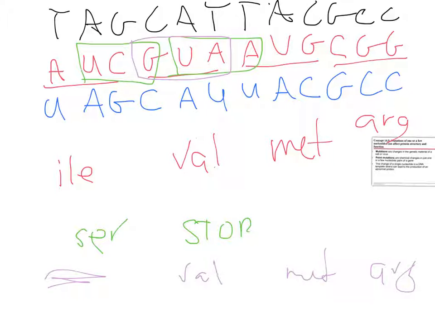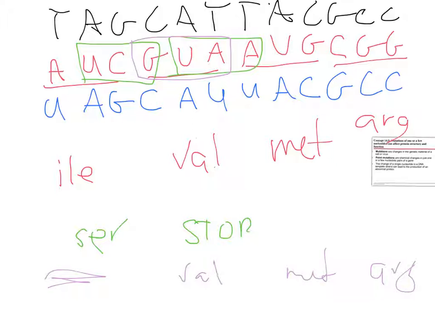We have a frame shift mutation. It introduces a stop codon, which is a nonsense mutation. If I had a missense mutation, it might be, say, we start at CGU. That could introduce 3 different amino acids, and that would be a missense mutation.